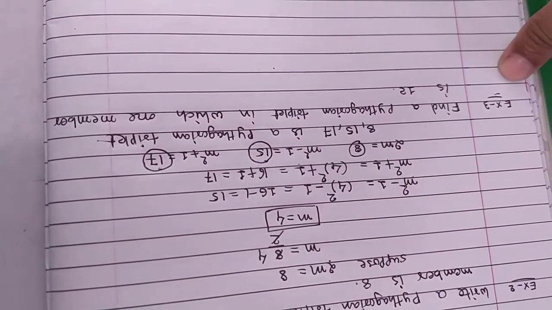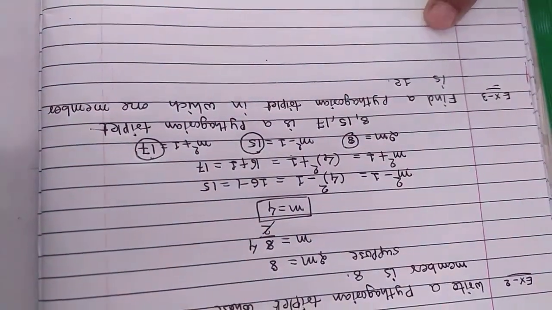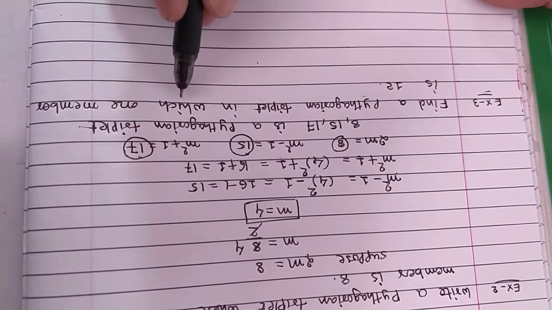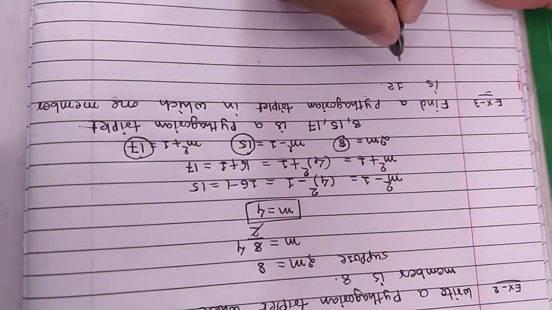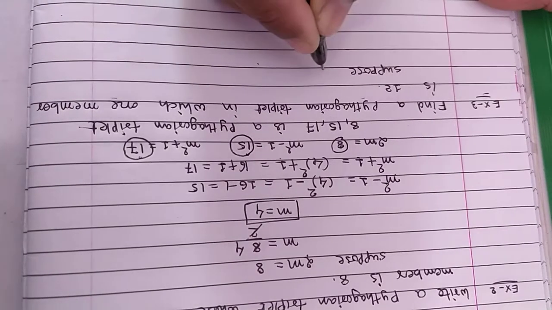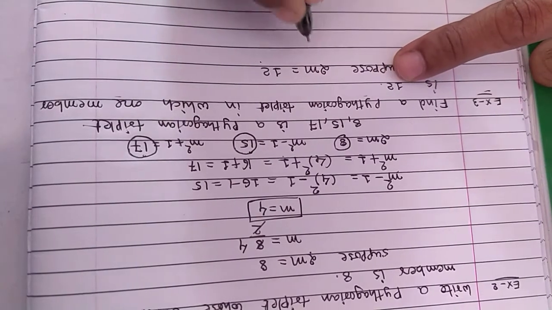Now example number 3. Find a Pythagorean triplet in which one member is 12. So again the same method. Suppose 2m is equal to 12.